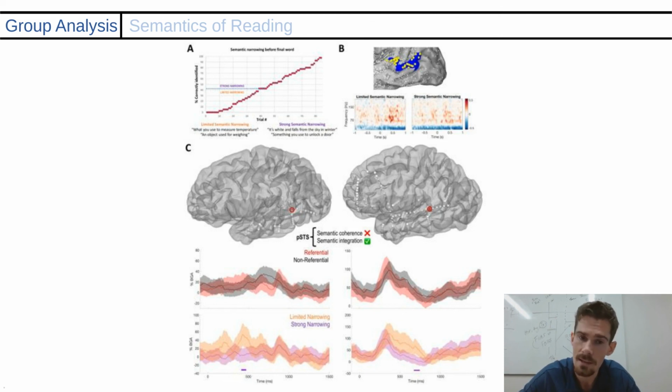It cares about integrating different aspects of linguistic meaning, but it doesn't care too much about things like coherence, which are subserved by frontal and parietal regions. You can see exemplar traces here where there's no effect of referential versus non-referential. The PSTS doesn't care if the sentence is defining an object or not, but it does care if the sentence is reducing the hypothesis space, so integrating semantic information in a meaningful way.